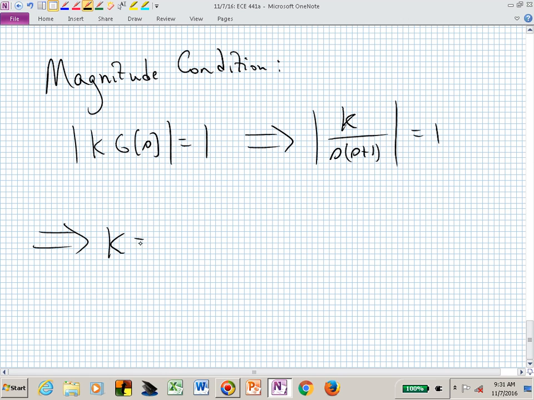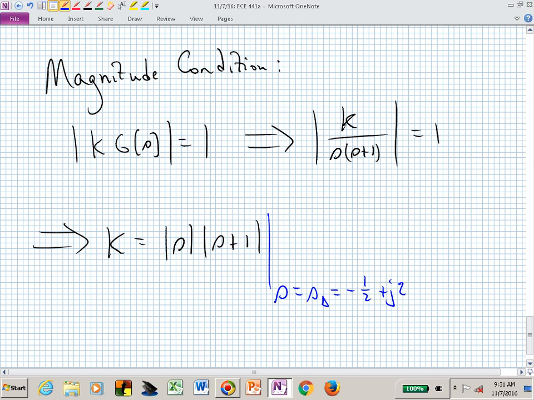That now says that K, if we keep K positive, is the magnitude of s and the magnitude of s plus 1, and we want to evaluate that at s equal to, I'll call it s delta, which is minus 1/2 plus j2. We could evaluate it at minus 1/2 minus j2, but we'll get the same answer. Let's go positive.